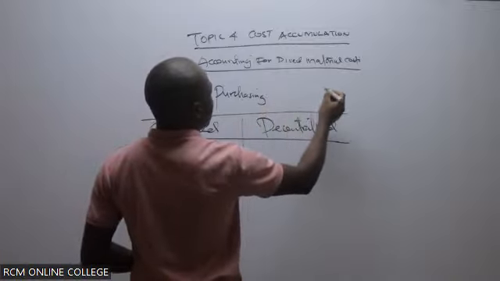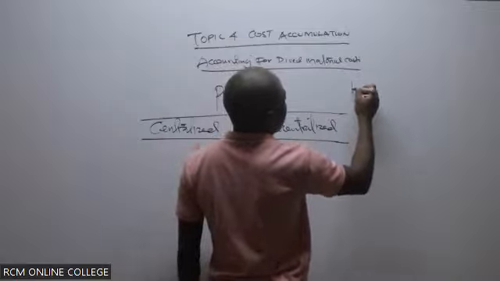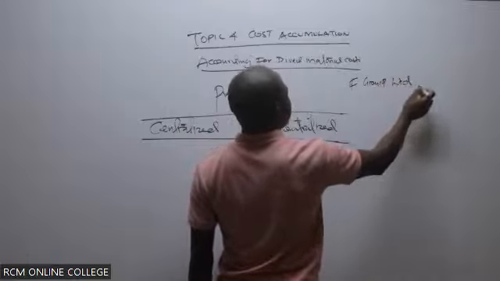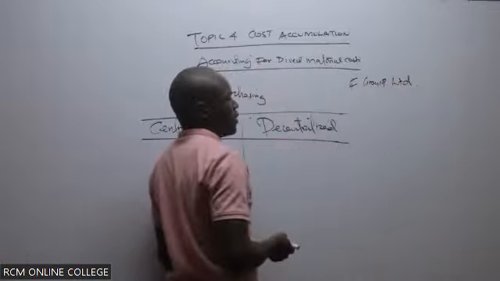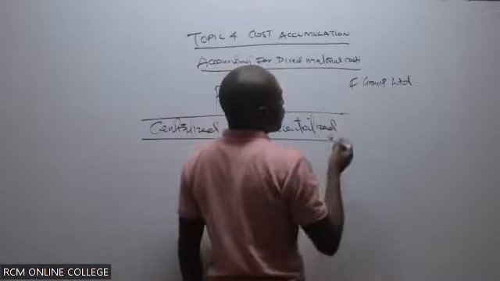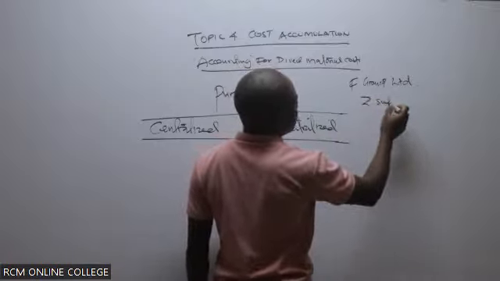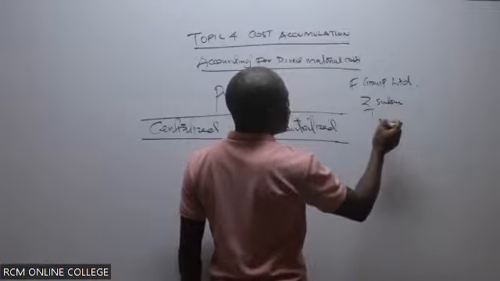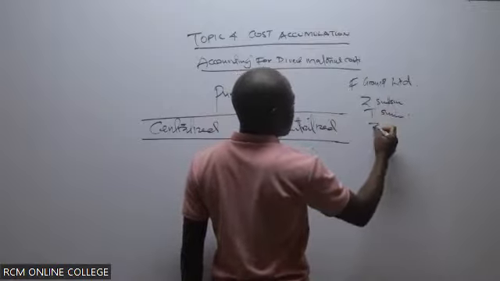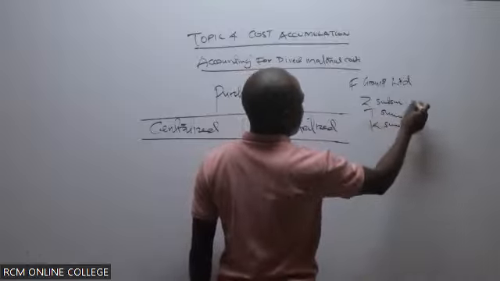We have a company, let's say, of course, you've done FR, so you understand these terms. We have F Group Limited. This F Group has got subsidiaries. Let's say they're in the same industry and they have 100% ownership. So we have F, which owns Z subsidiary, which owns T subsidiary, and F still owns K as a subsidiary. 1, 2, 3.